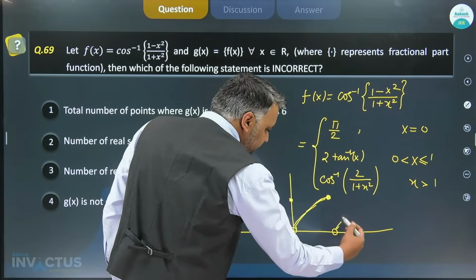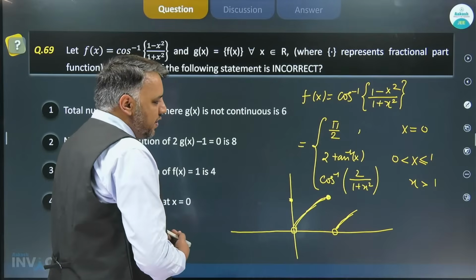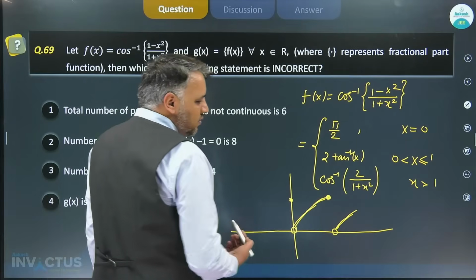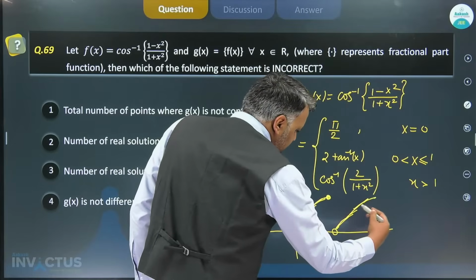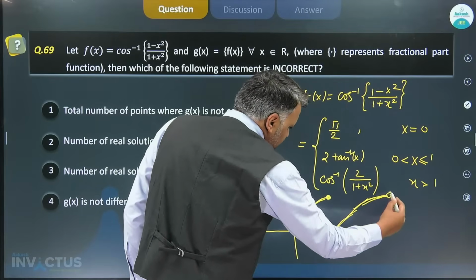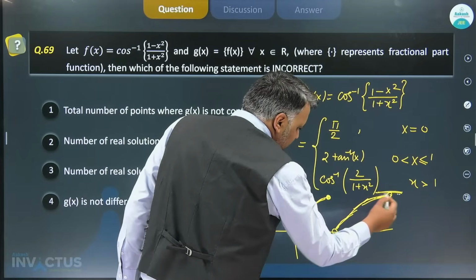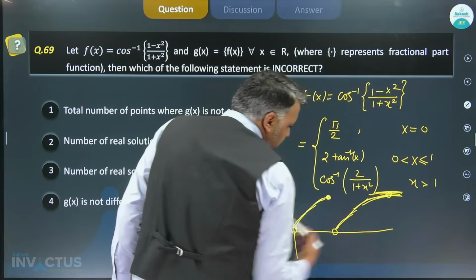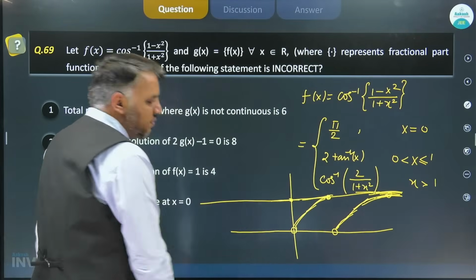Now this function will always increase till x tends to infinity. So this will be cos inverse 0 at x tends to infinity, that is pi by 2. So the graph will be below the line y is equal to pi by 2, something like this.